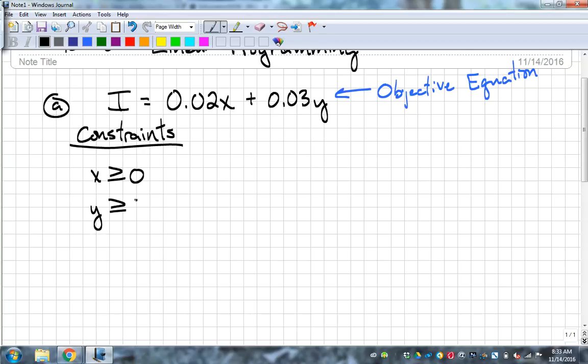Another one that's y is greater than or equal to 0. x plus y is less than or equal to 25. And then we might have x is greater than or equal to 15, and y is less than or equal to 5. All of those are constraints for this particular problem.